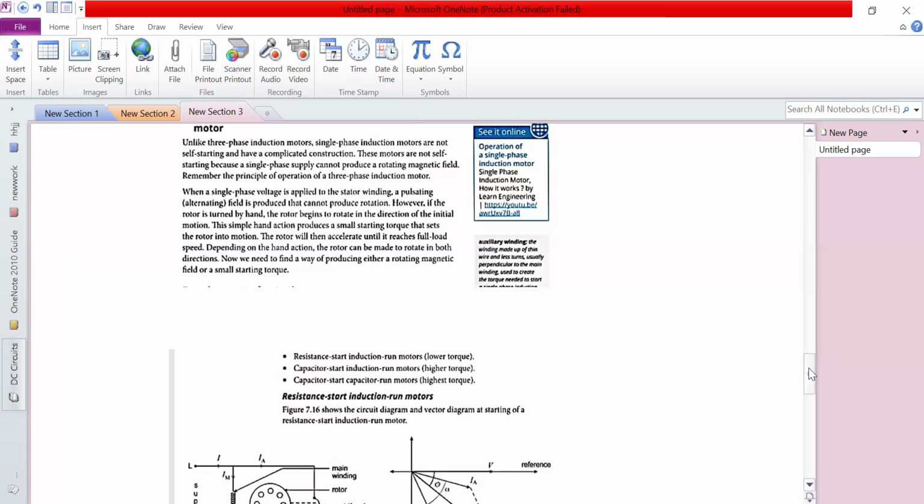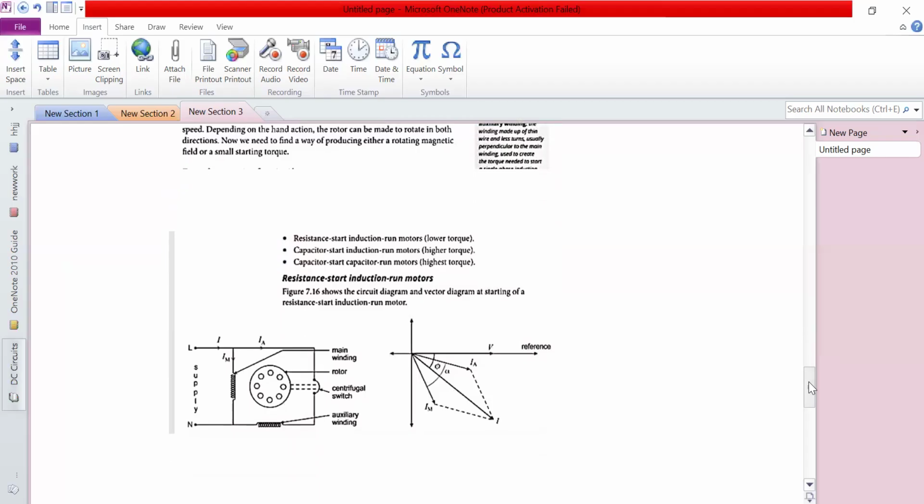The first type is the resistance start induction run motor, which has a lower torque. Then we have capacitor start induction run motors with a high torque. Then we have capacitor start capacitor run motors with the highest torque. So let's start by looking at the resistance start induction run motors.